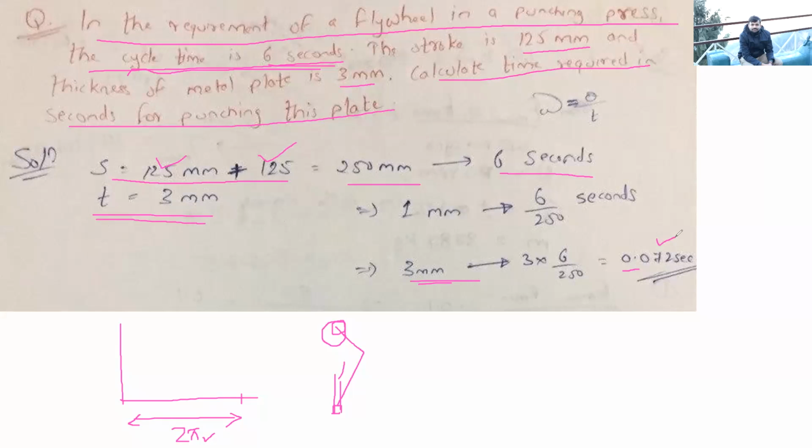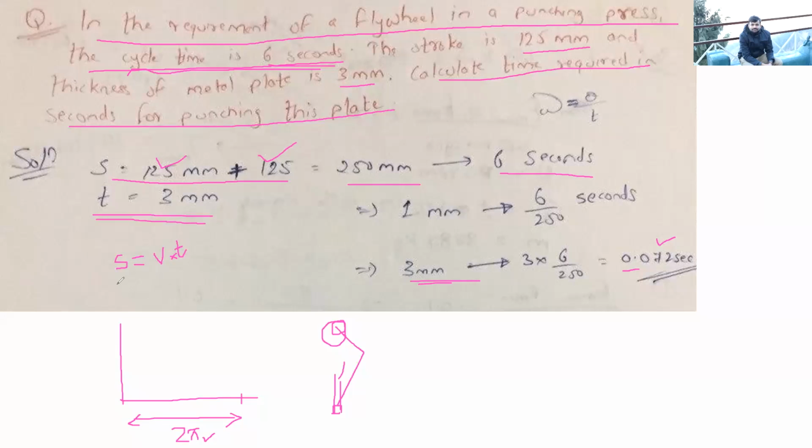We use this because we know that distance traveled equals velocity multiplied by time. This is in terms of linear motion.